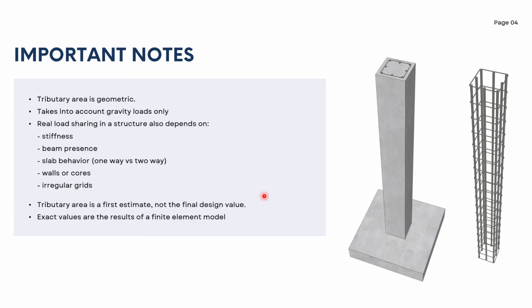And the real load in a structure also depends on stiffness, beams, slab behavior, wall scores, irregular grids, whatsoever. So this method does not take any of the following into consideration. And it's just a first estimate, just to approximate the size, for example. But if we want definite results, we should use a finite element model.